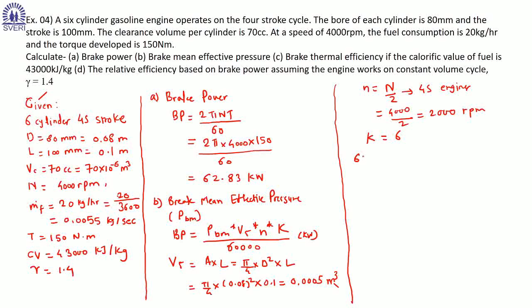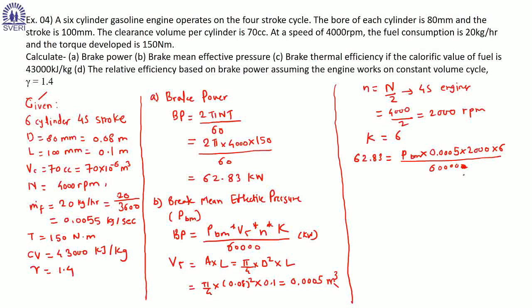So 62.83 is equal to PBM into 0.0005 into 2000 into 6 divided by 60,000.